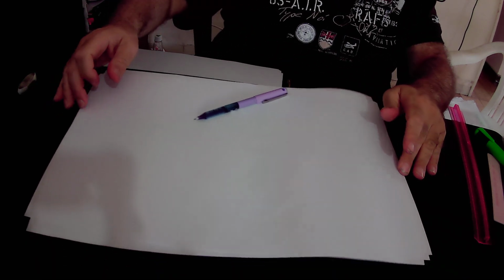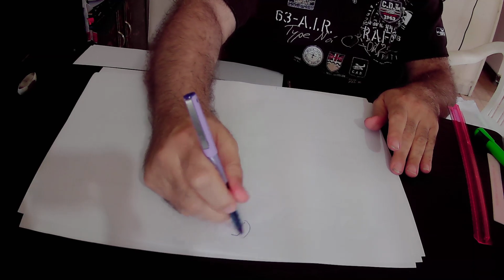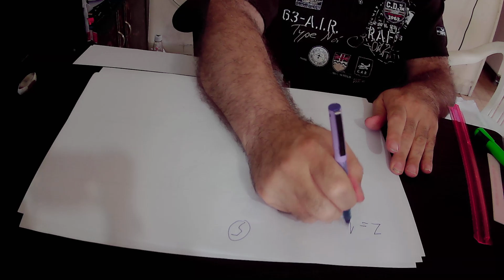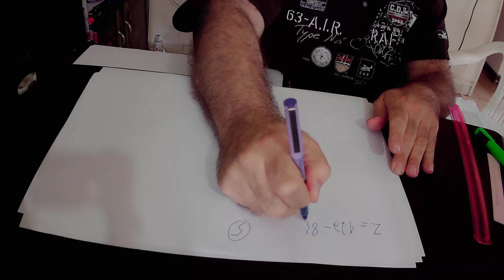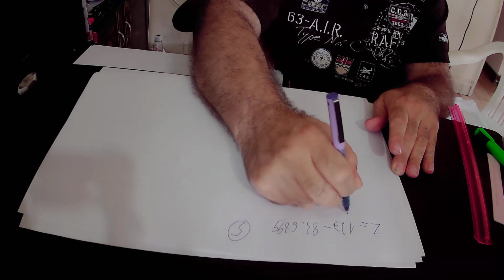The second possibility for the value of z is that z equals (122 minus 83.6899) divided by 4.